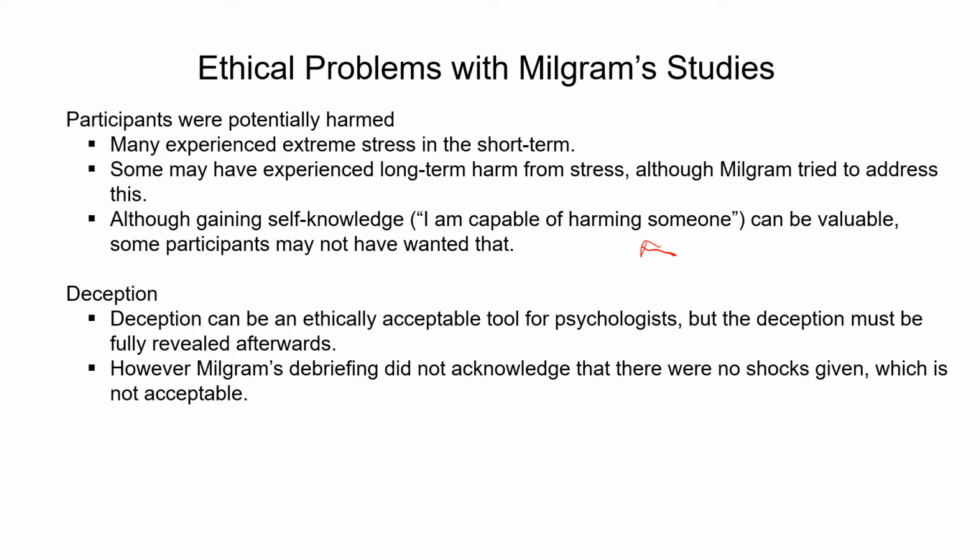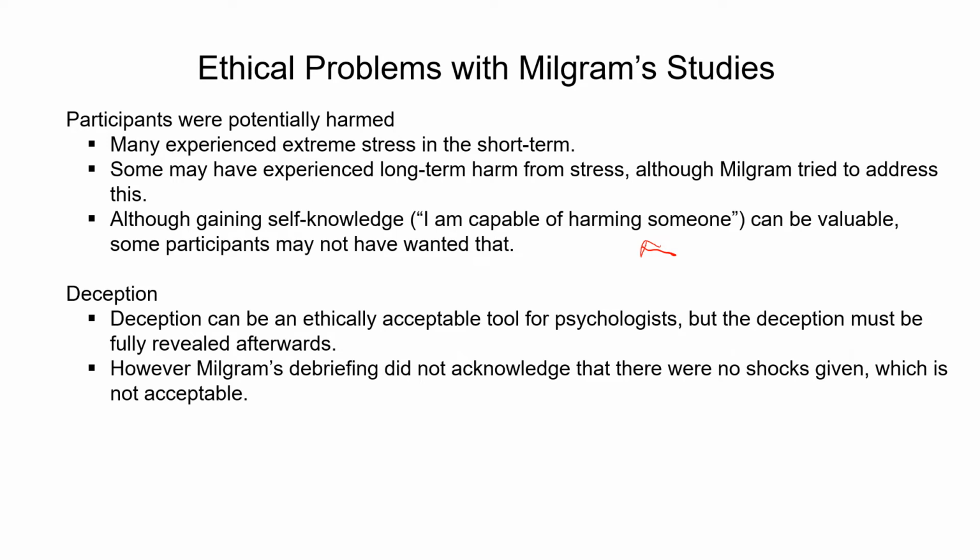So Milgram's debriefing didn't acknowledge that there were no shocks given, which is one of the big ethical concerns here. And even if they were told, as in later studies, that no shocks were given, if you don't have some form of counseling afterwards to remove the harmful effects of the deception, then it's still unethical.